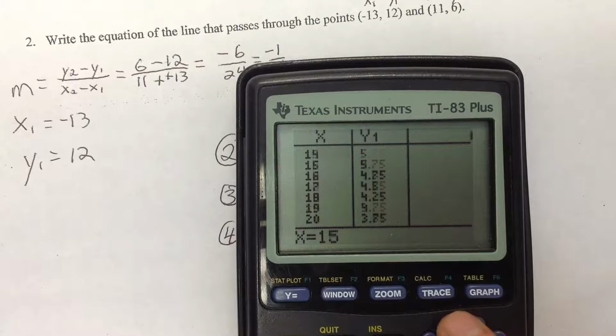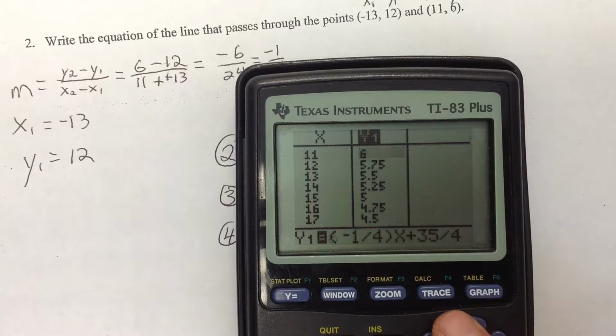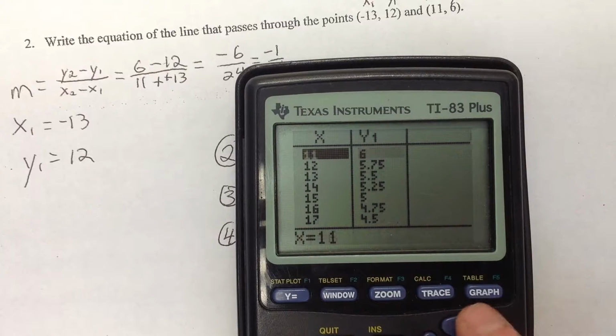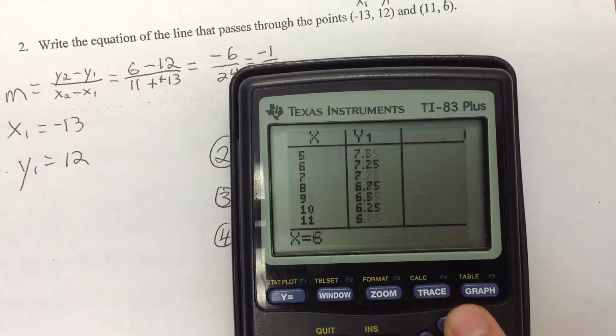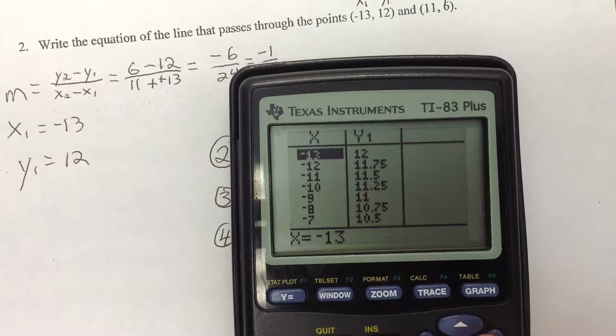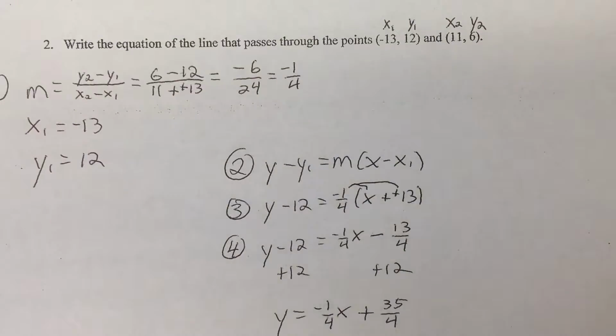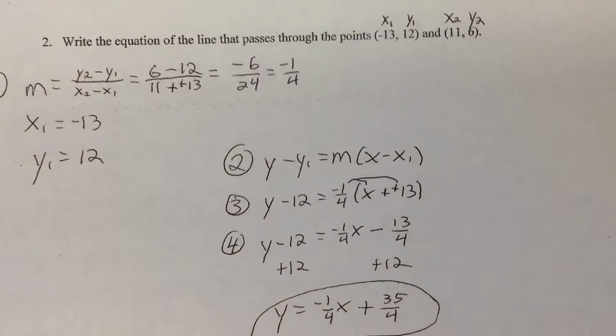So, all right, 11/6 is right there, so that one checks out. And now let's check for negative 13. So we're scrolling up. And yep, there's negative 13/12, so even though our answer looks a little weird, we can be confident that we got this one right. Okay.